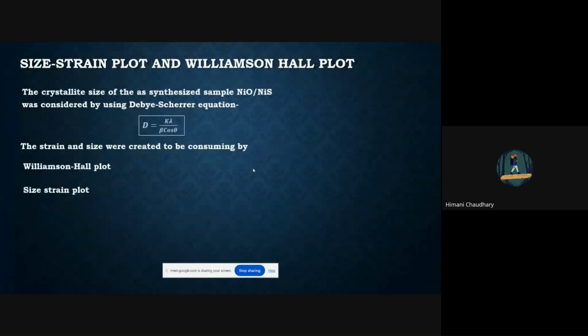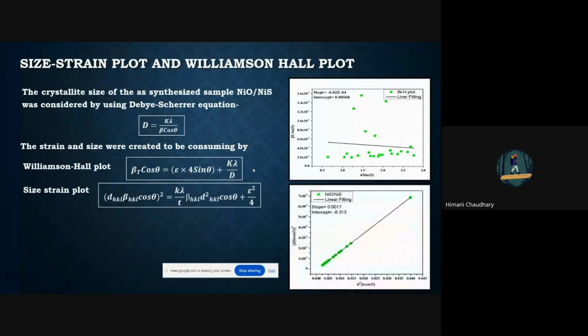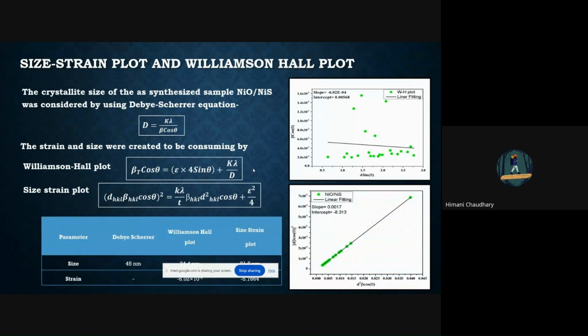Now this is the Debye-Scherrer equation and Williamson-Hall plot. This is the slope, and this is the size-strain plot equation, and this is the slope, and this is a table of all the calculations of crystallite size and strain.